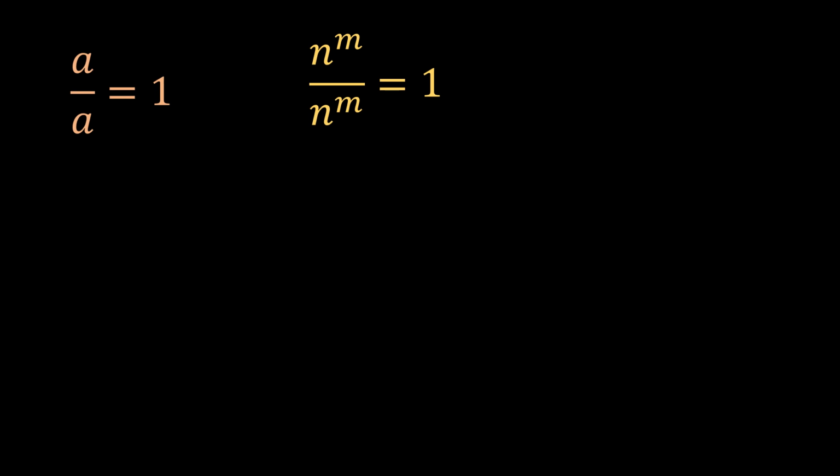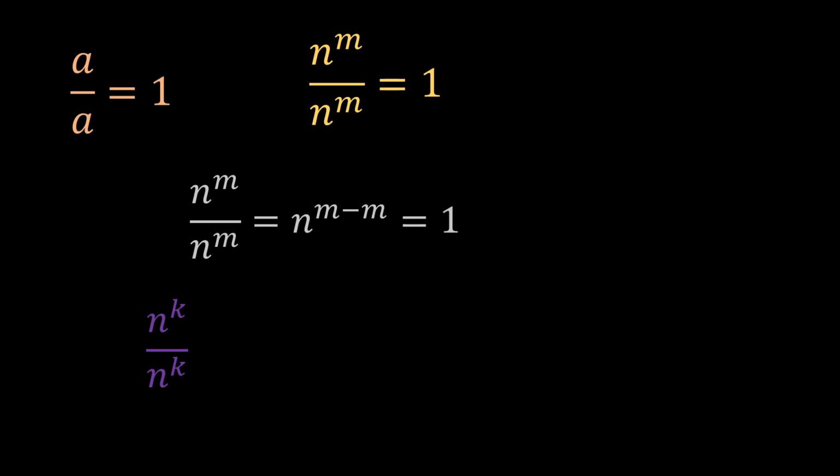So, n to the power m divided by n to the power m is equal to n raised to the power m minus m, and this is equal to 1. What about n raised to the power k divided by n raised to the power k? This gives n raised to the power k minus k, which is also equal to 1.